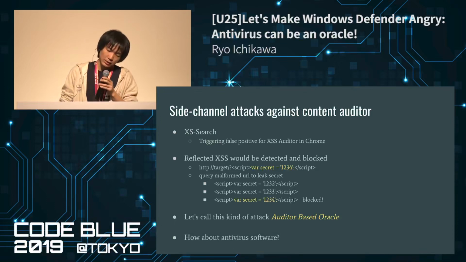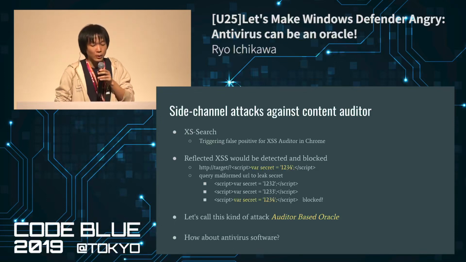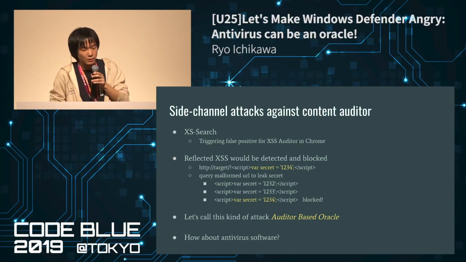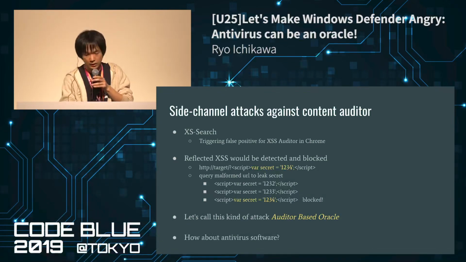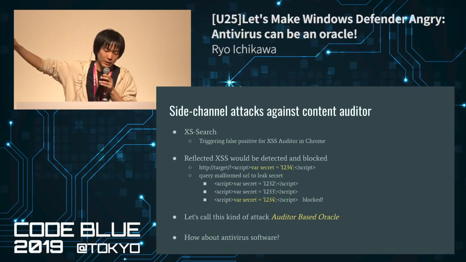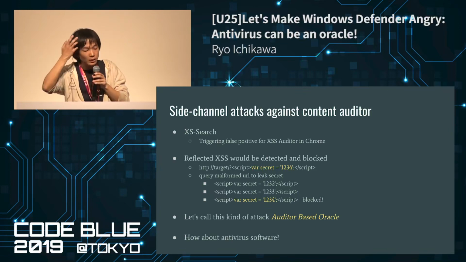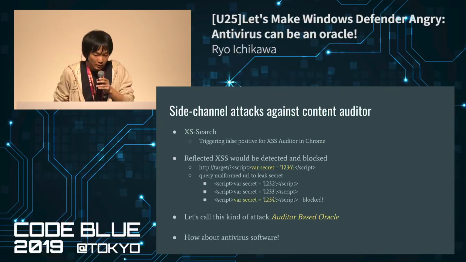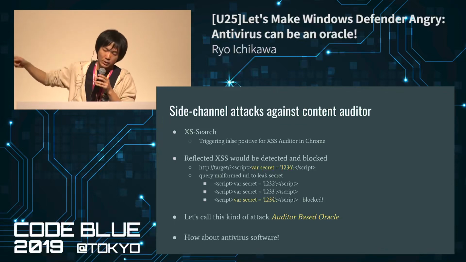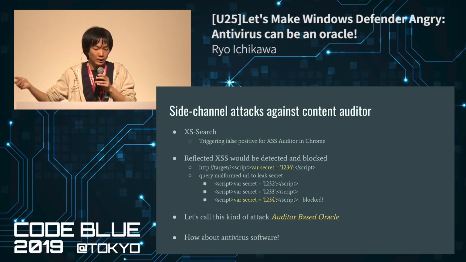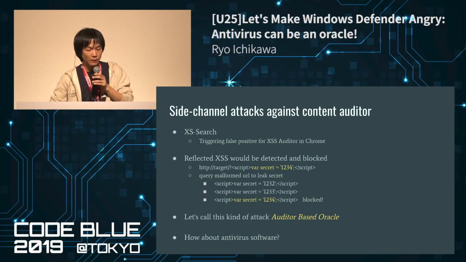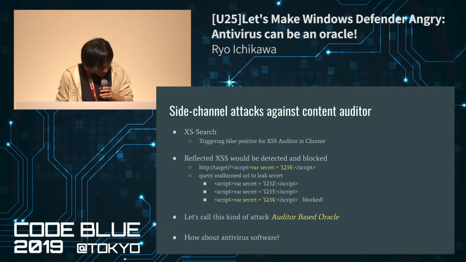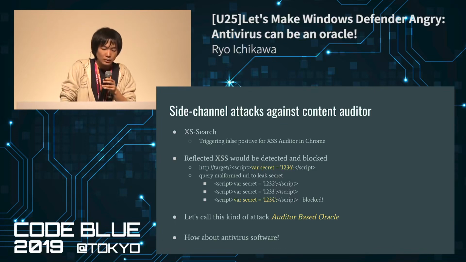The auditor will block if the same content in the query parameters is included in the response body, like script var secret = 1234 being included in the response body. So you can iterate over every value, and if the content auditor fires, you can find that the response body contains this value. Let's call this kind of attack an auditor-based oracle.